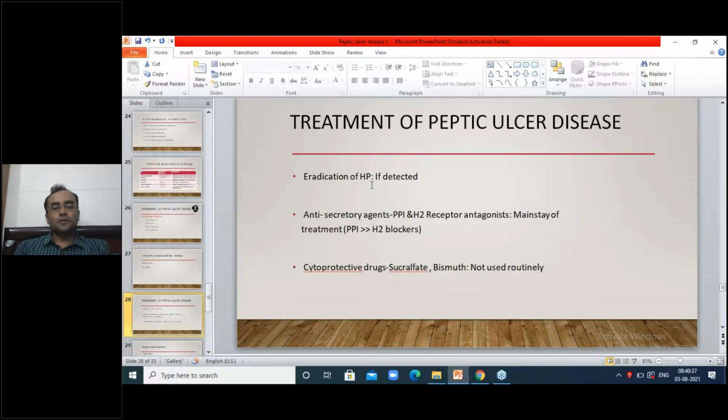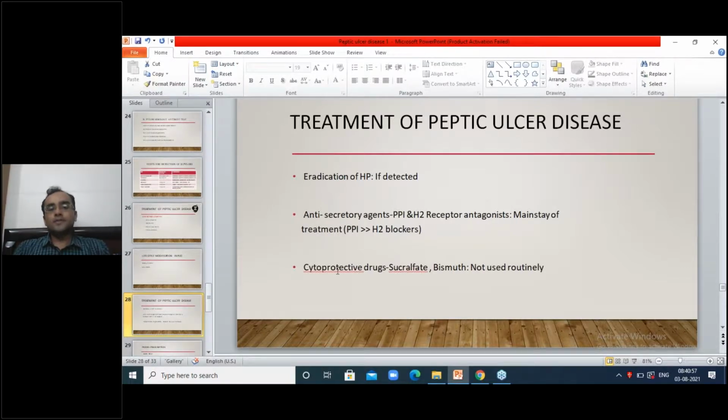And if you talk about the drug treatment, eradication of H. pylori if it is detected, and the anti-secretory drugs are the mainstay of treatment, as I told you, and proton pump inhibitors are the drug of choice at present.